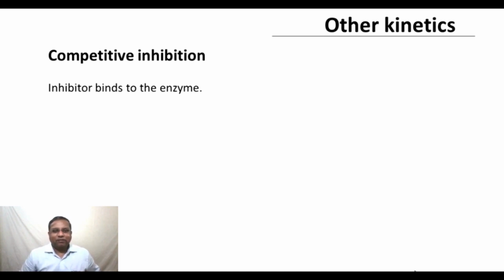That way it will be easier for us to put it in a certain framework, get the appropriate parameters and so on. Therefore, let us look at other kinetics with a single enzyme, single substrate kind of a situation with some inhibitors thrown in. The first inhibition that we are going to look at is called competitive inhibition.